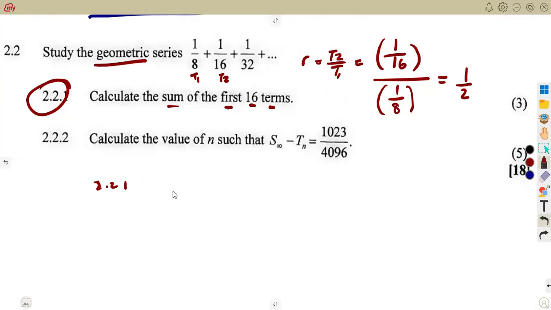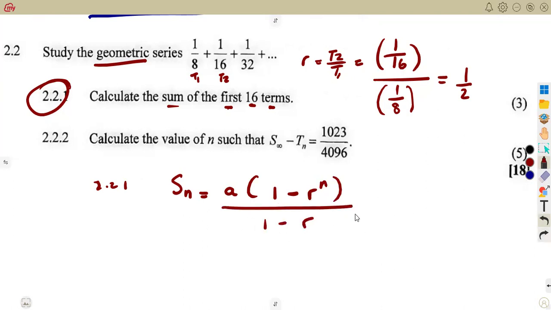So remember, if R is less than 1, you can use the formula Sn is equal to A into 1 minus R to the exponent of n, like this, over 1 minus R. Like I said, guys, you can even use the other one, which has got A into R to the exponent of n minus 1, like this, over R minus 1. Still, you are going to obtain the same answers there.